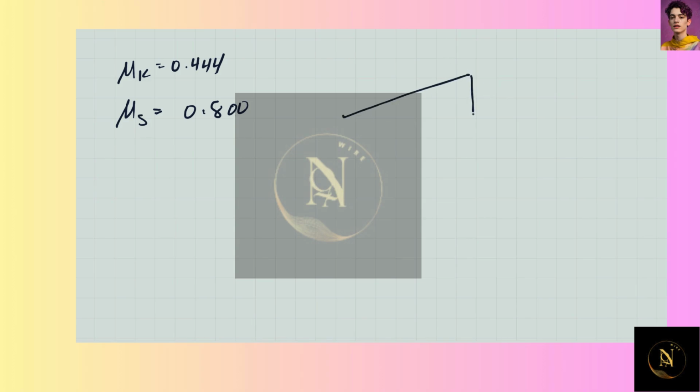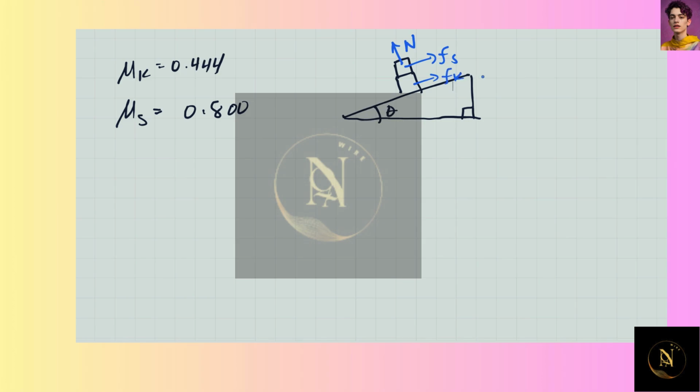So here's our ramp. This is 90 degrees. This is theta. And our boxes are sitting on top of each other. We have a normal force that comes out perpendicular to the surface. This is static friction, while the bottom one is kinetic friction.